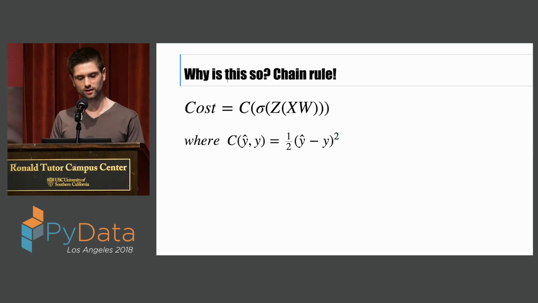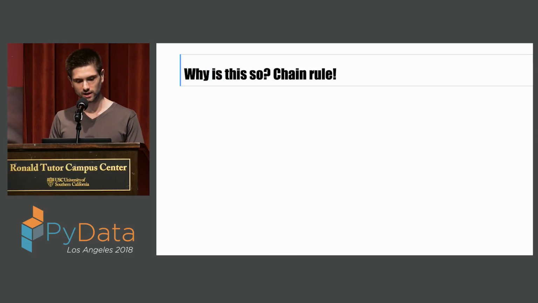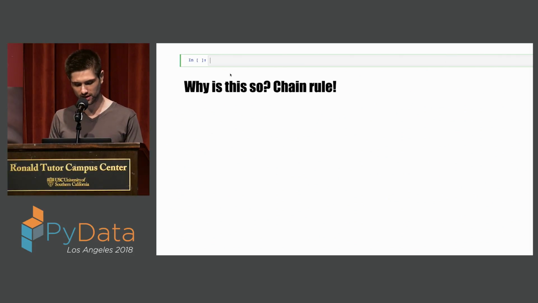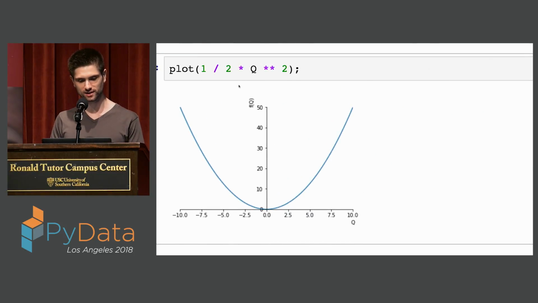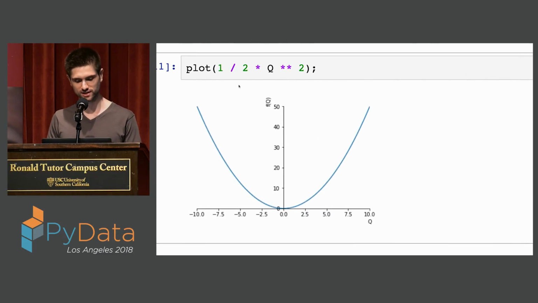If we go back to SymPy for a minute, if we have 1/2 times something squared, here we'll use q again. 1/2 times something squared, that's a parabola. That's a good old convex function. Here this is a change of variable.